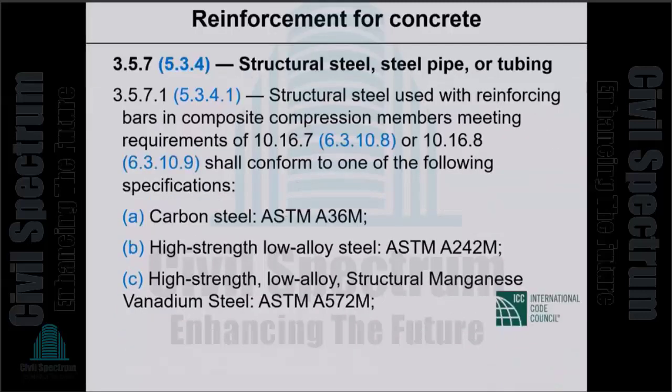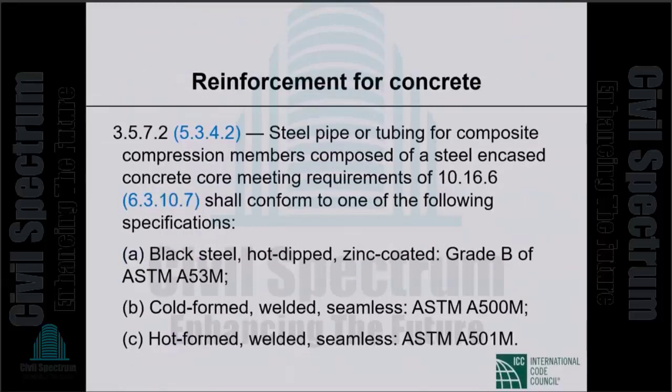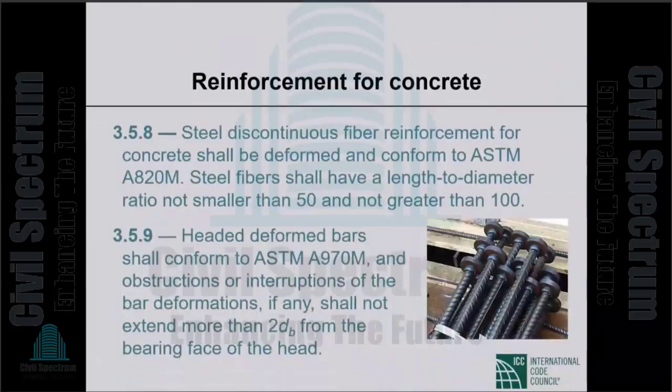If you do, there are ASTM specs governing their use. Continuing with structural steel pipe or tubing, again, I don't think that I want to spend time on those items. You can look them up.